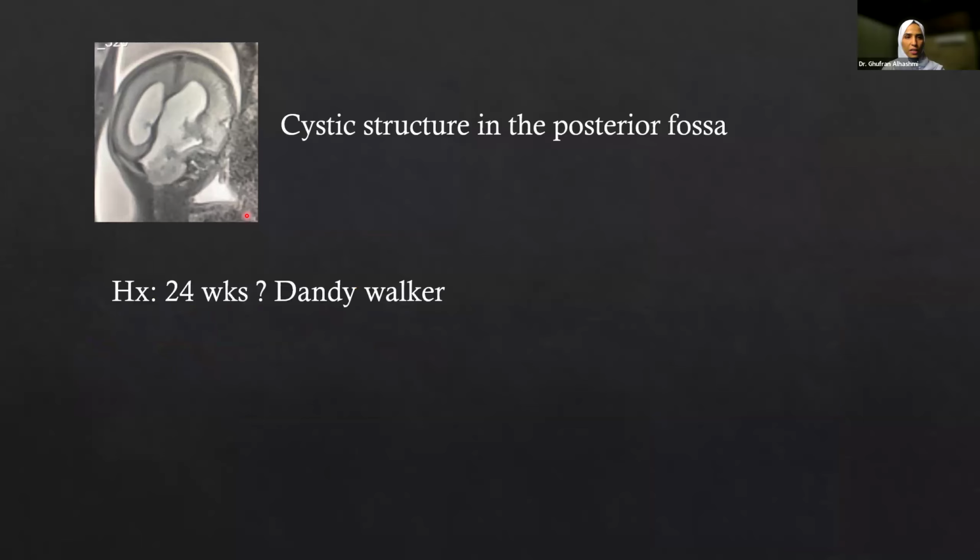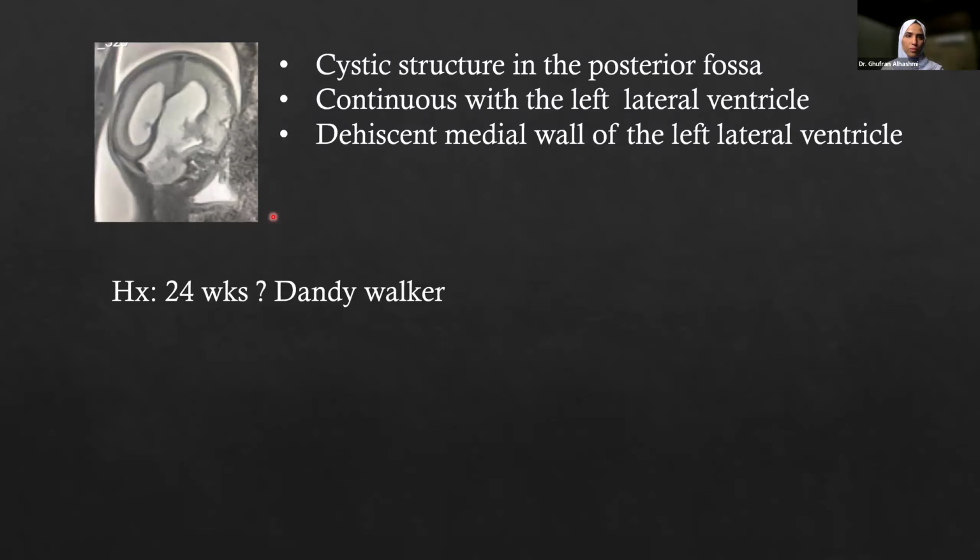So on this coronal image through the posterior brain and the posterior fossa, you see that there is a cystic structure in the posterior fossa. However, this cystic structure seems to be in continuity with the lateral ventricle. Not only that, you see that the medial wall of the left lateral ventricle is dehiscent.